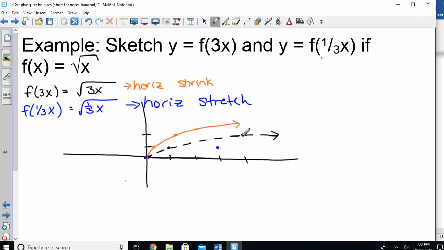Okay, here we had an x value of 4, so it's going to go to 12. See if I have enough space here.